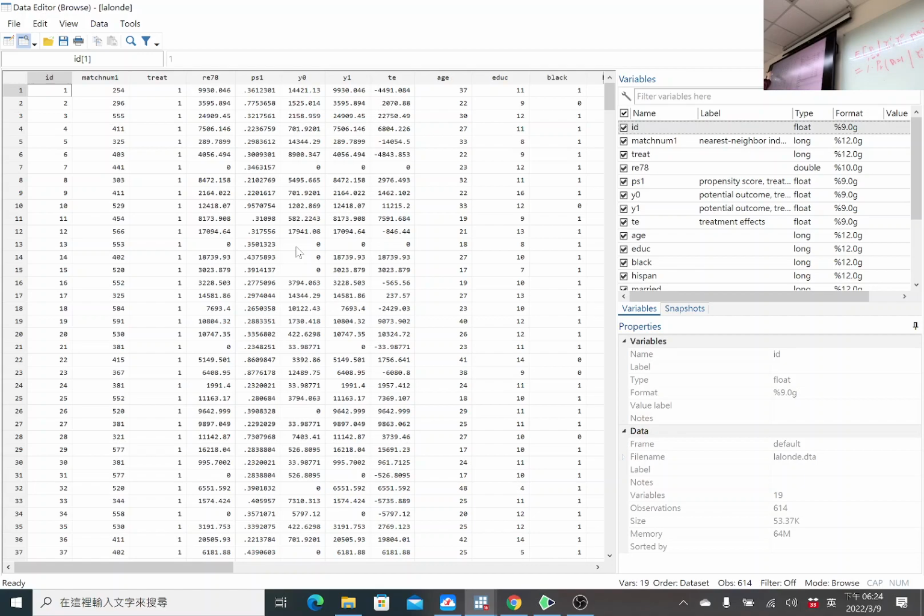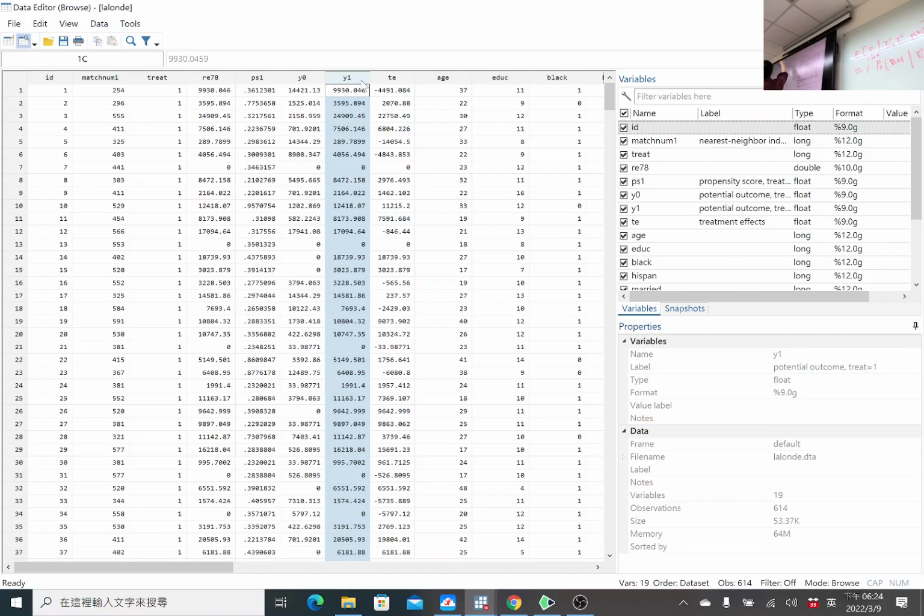The first unit is in the treatment group. His observed outcome is 9,900 US dollars. So that's why his Y1 is the same as his observed outcome, because he is in the treatment group. So Y1 here directly uses his observed outcome. But the thing we don't know is what if he did not join the job training program? What's his earning? That's Y0.